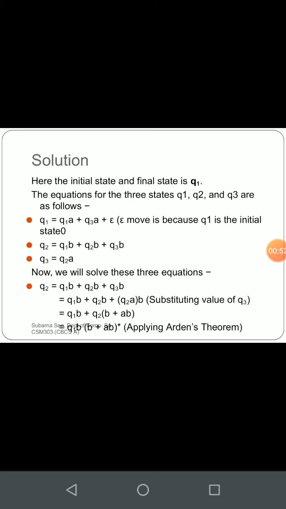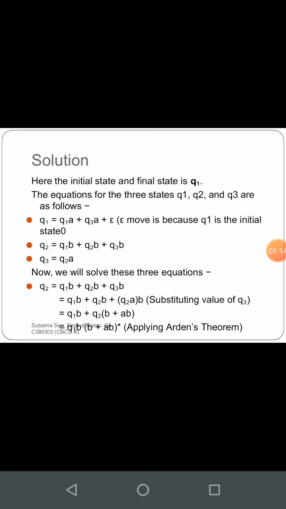Now if we concentrate on Q2 and place the value of Q3 in it, the expression will be Q1B plus Q2B, and putting the value of Q3, it will be Q2AB. If you take Q2 common from the last two terms, it will be Q2 into B plus AB.